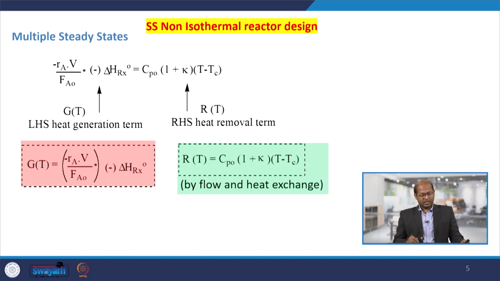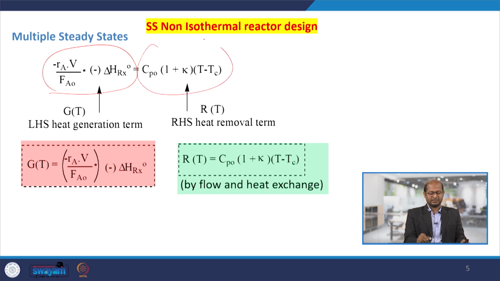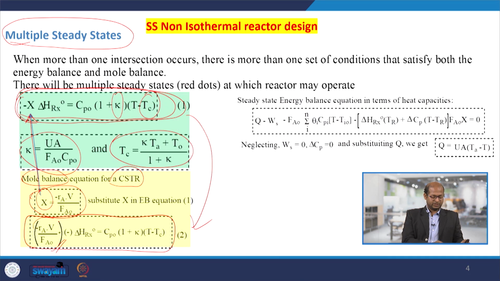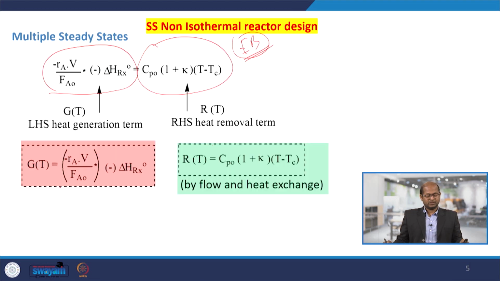Now this is the left hand side part and this is the right hand side part of the energy balance equation. This is the energy balance equation, and conversion is expressed or substituted with respect to this.